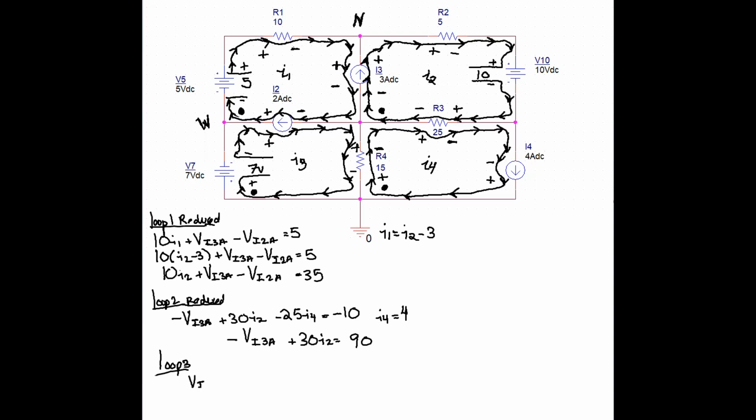Loop 3, we have a couple things going on. I4 is equal to 4 amps. We can also use the relationship that I3 is equal to I2 minus 5.